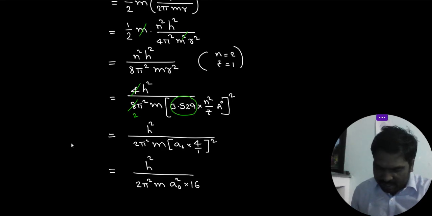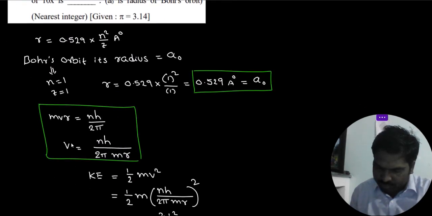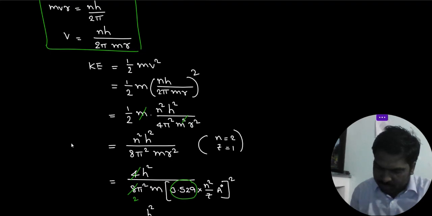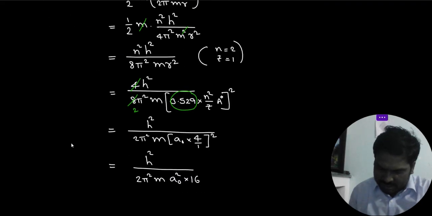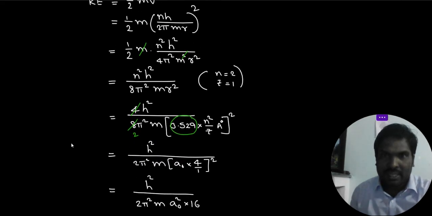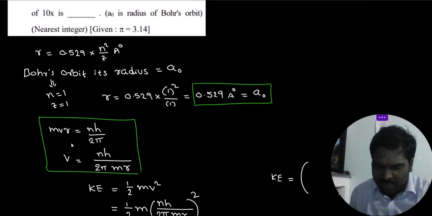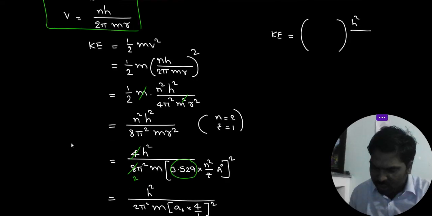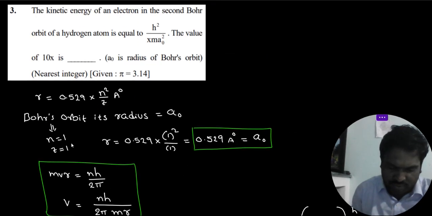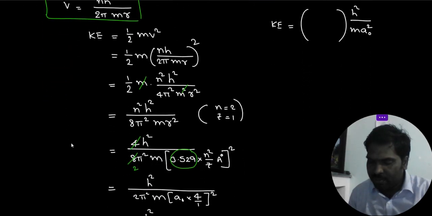Now from this we can write kinetic energy is equal to h square by m a naught square, we have to take common. The rest of the part is x.